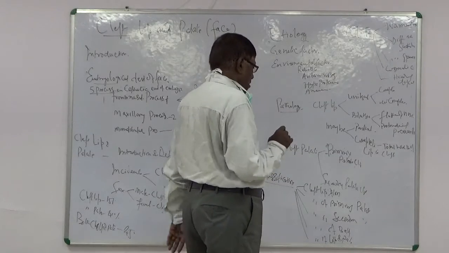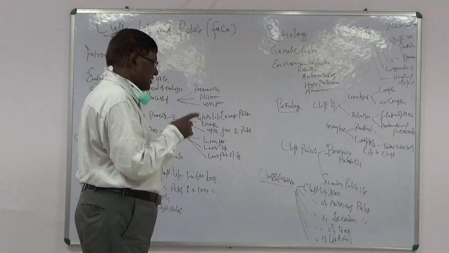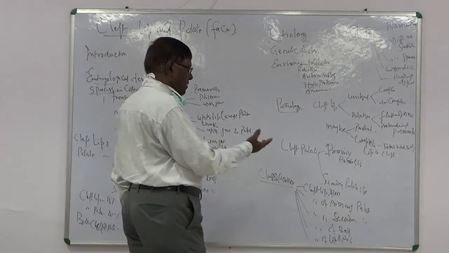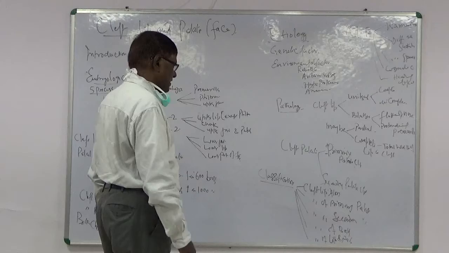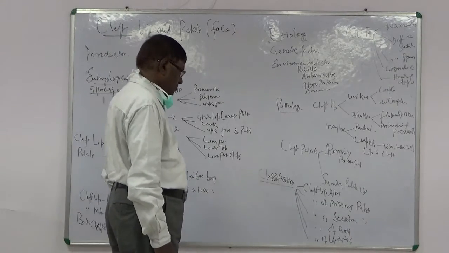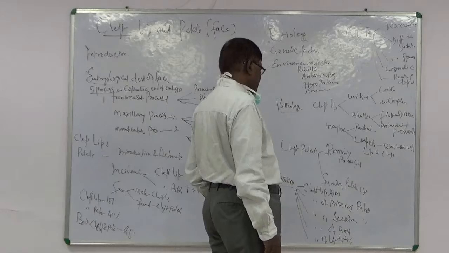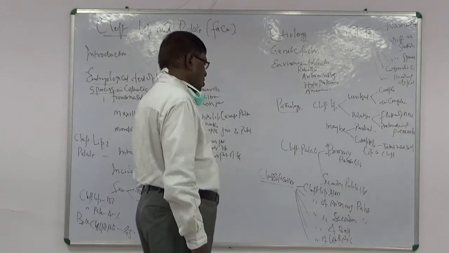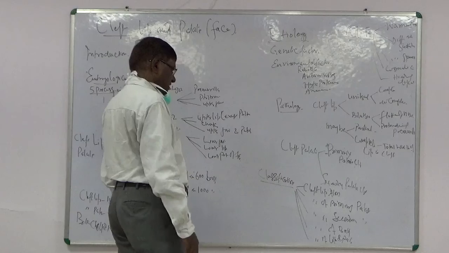Anterior to the slit is called the primary palate, and behind it is the secondary palate. The cleft can occur in the lip, the primary palate, and the secondary palate.